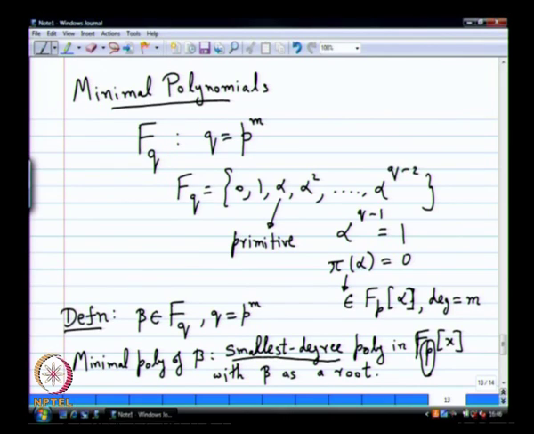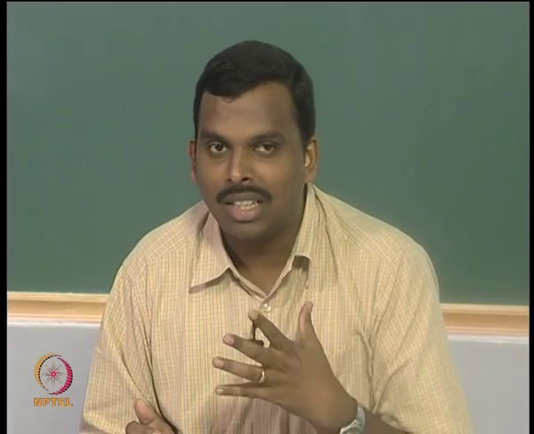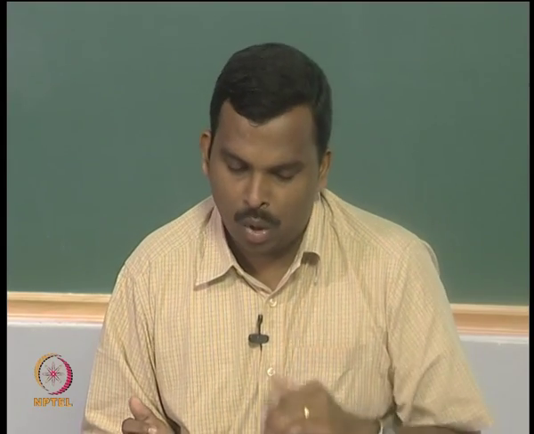So first thing I should show is that there are some polynomials in F_p[x] which will have beta as a root. If there are no polynomials, then this does not make any sense. I have to show that first before I even define this. I cannot say smallest when I do not even know that there is at least one polynomial which will have beta as a root. Now I will show you a polynomial which will have all the elements of the finite field as its roots.